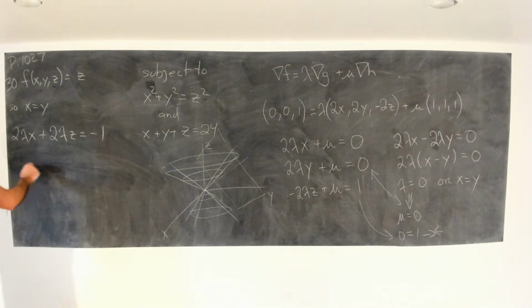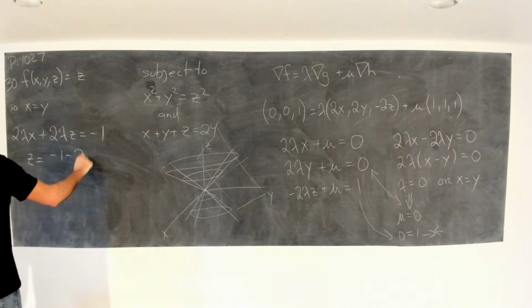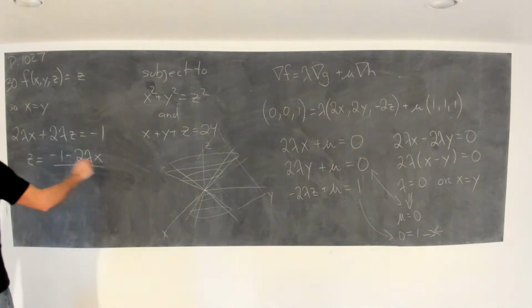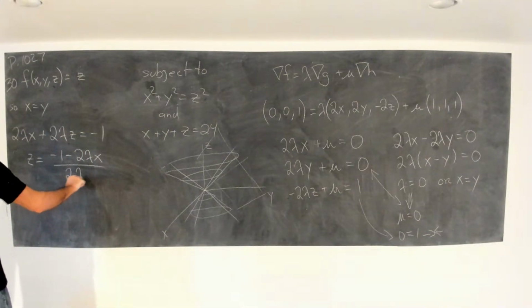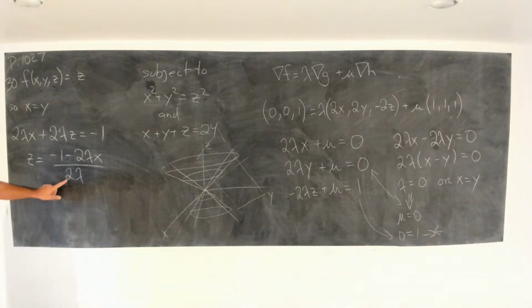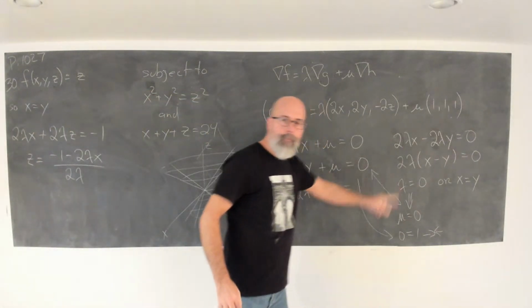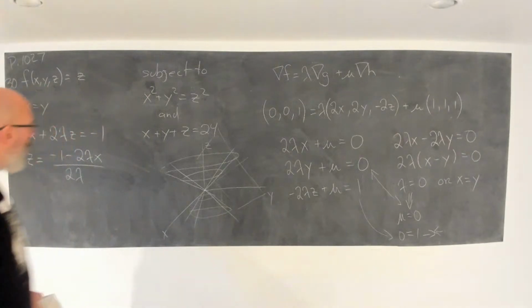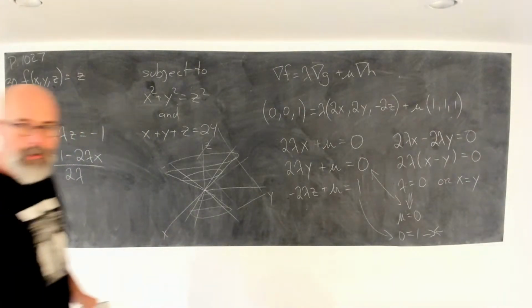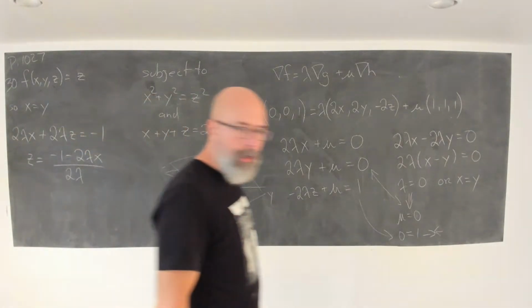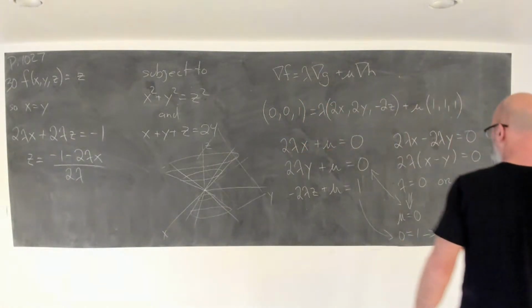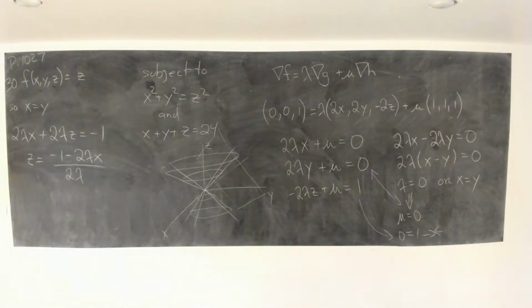Let me solve for z. Z is -1 minus 2 lambda x over 2 lambda, and this is fine since lambda cannot be 0. Where are we?